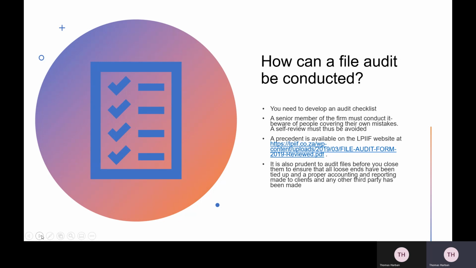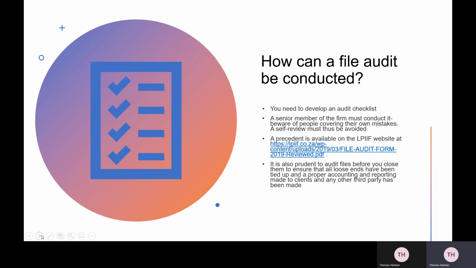Go through the process of the file audit and ensure that the file audit checklist is retained, whether it's in the file or somewhere else safely, for future reference.